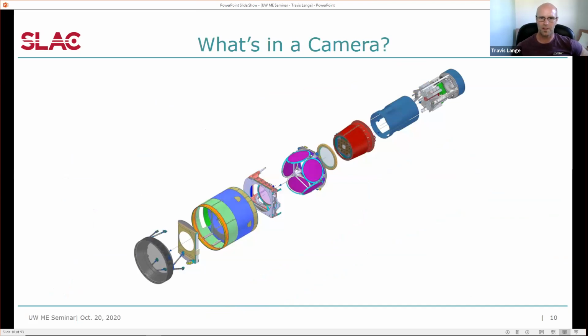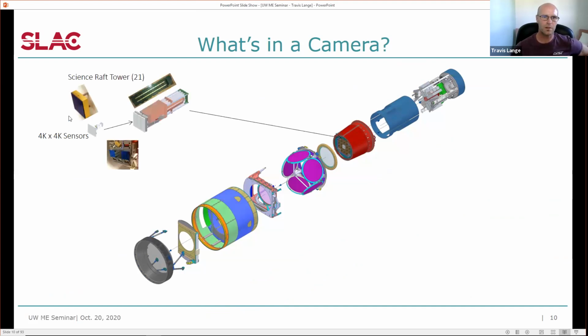So let's go through this fairly quickly so we don't spend too much time on this, but this is the camera exploded into view. So we start with the 4K by 4K sensors. We assemble those onto a Science Raft tower module that is a 3x3 array. So there's actually 9 of those sensors on this Raft tower module, and that gets installed into the cryostat. I'm going to talk about that a bit more in detail a little bit later. We also have 4 of these corner Raft modules.